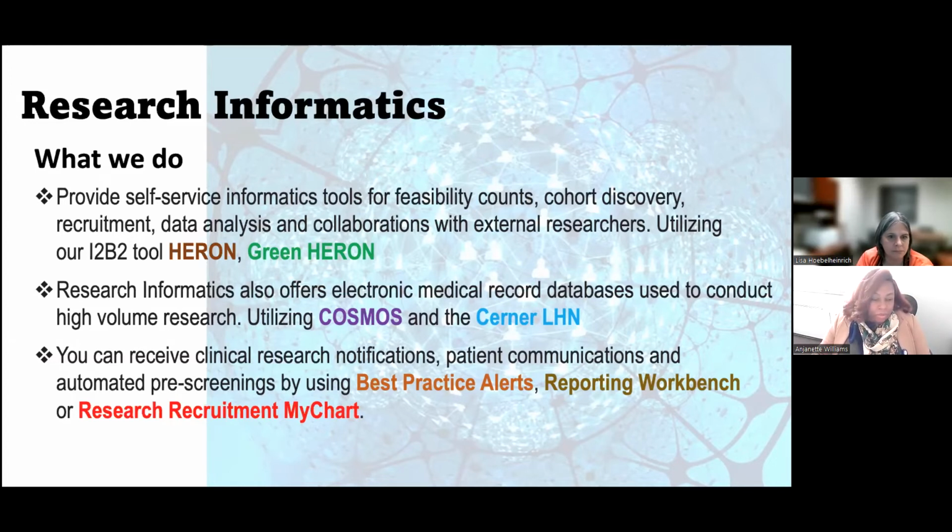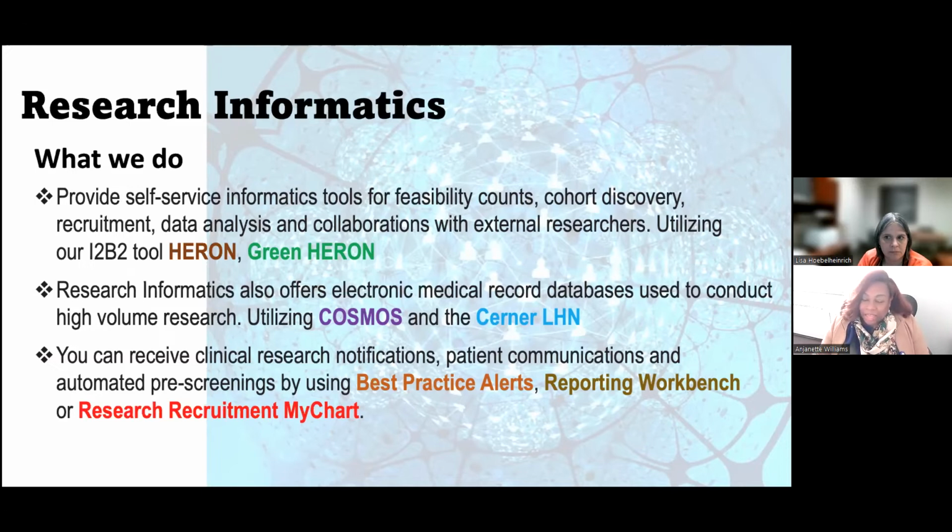And also, research informatics offers electronic medical record databases used to conduct high volume research, such as utilizing Cosmos. And Cosmos is a really large integrated database that allows you to query millions of patients in a matter of minutes, and you can get a representative sample of data that looks like the United States Census.